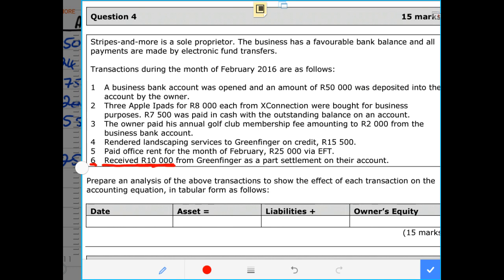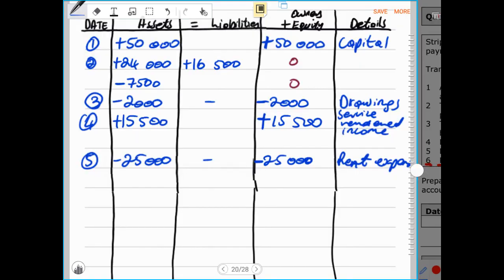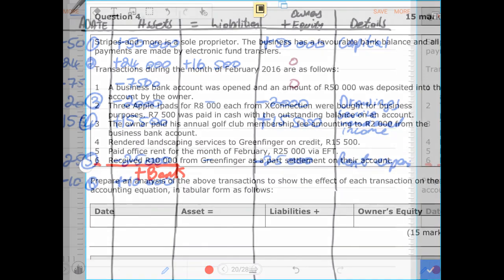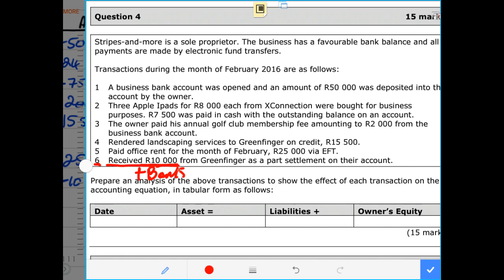If we receive money, obviously bank will increase. You can stop and say bank will surely increase because we received money. 10,000 will be increasing our bank account.